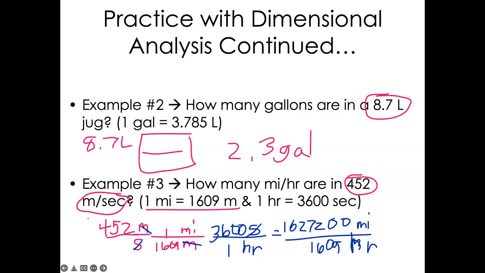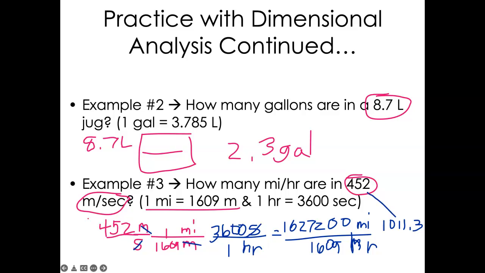And then I'm going to simply divide. Divided by 1609. 1011.3. And that's going to be miles per hour, but I'm out of screen there.